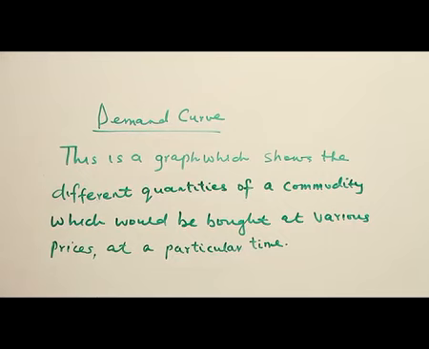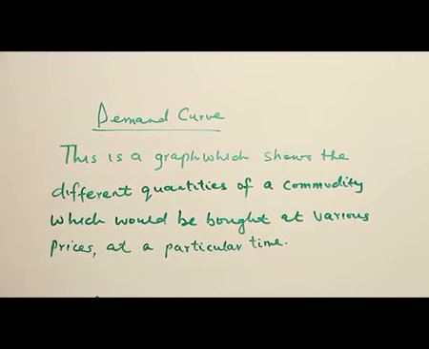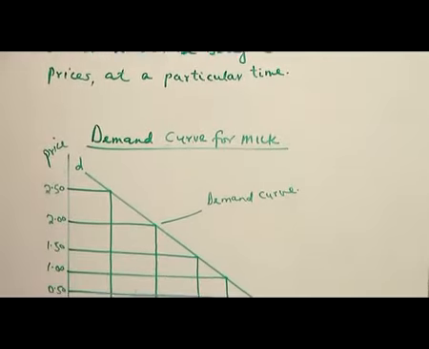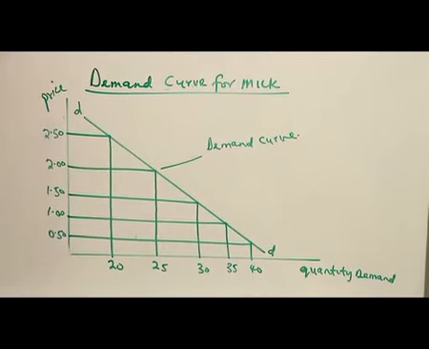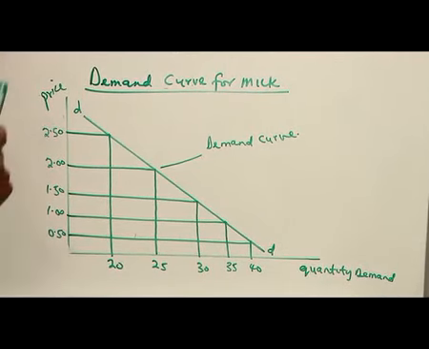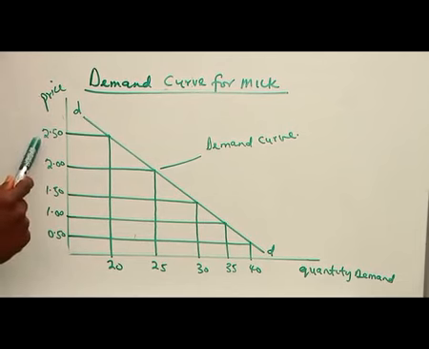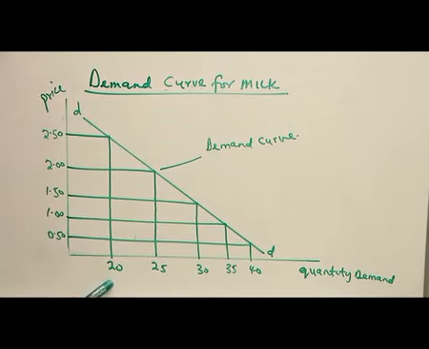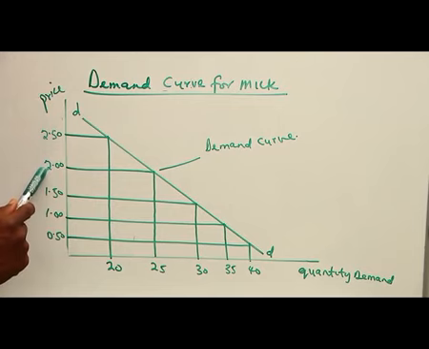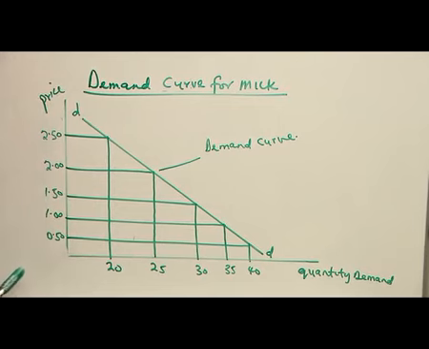From the previous table where we demonstrated demand schedule, we try to use the table and translate the table into curve. That's it before us here. When the price is 2 naira 50 kobo, quantity demanded is 20. If you check the table, this is what we are going to discover, from 2 naira 50 kobo to 2 naira to 1 naira 50 kobo and so on and so forth.